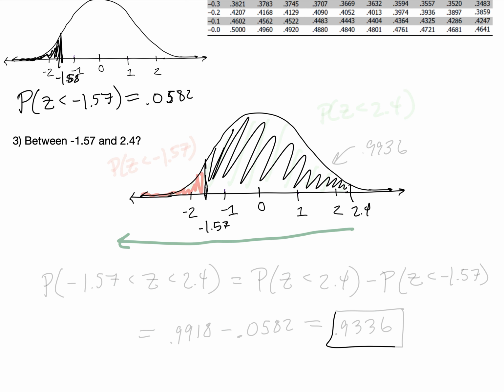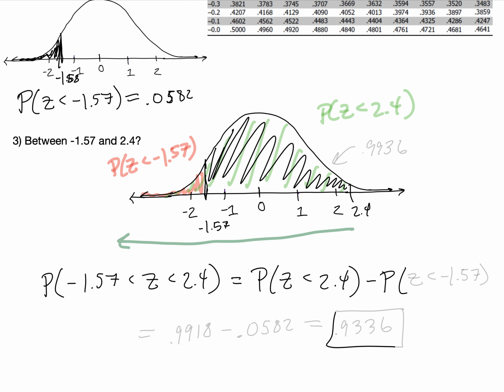So basically, we're finding all this green area, probability that z is less than 2.4, and we're subtracting away the red area, we're subtracting away the probability that z is less than negative 1.57. So again, the probability we're interested in, the probability that negative 1.57 is less than z, which is less than 2.4, is going to be equal to the probability that z is less than 2.4 minus the probability that z is less than negative 1.57.